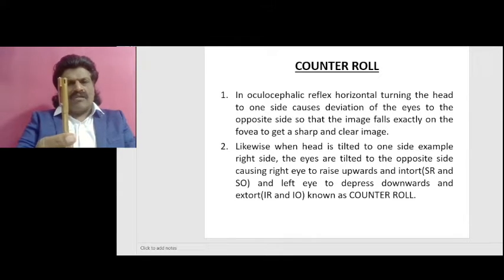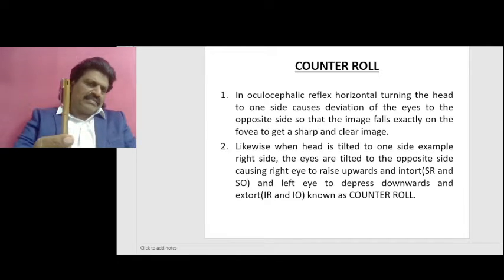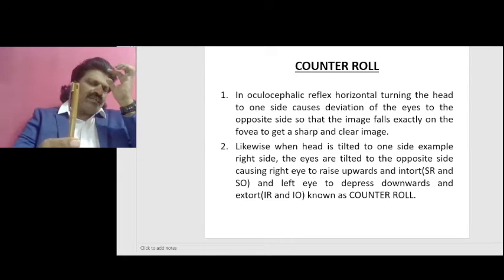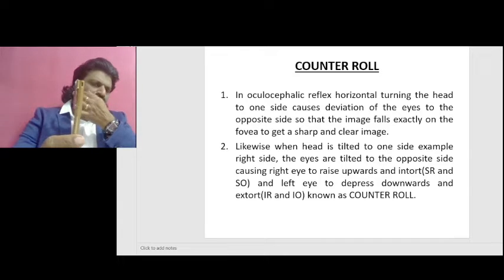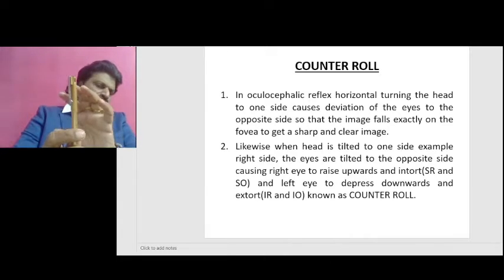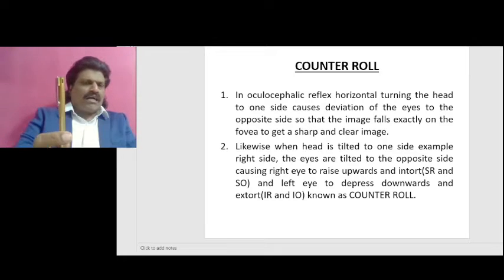But when I tilt my head to one side like this, the eye on the side of the rotation should go up and intort. The other eye should come down and extort, so that the image still falls exactly on the fovea and becomes sharp.